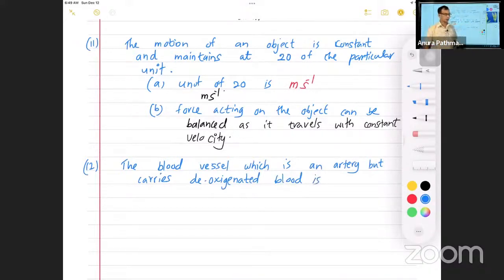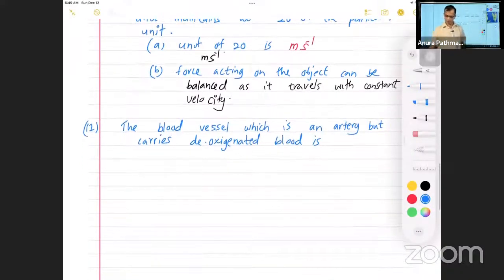Normally, arteries carry oxygenated blood. This carries deoxygenated blood. It's an artery. What is it? Pulmonary artery. Yeah, Gayan is very good, coming today and answering all. Pulmonary artery.